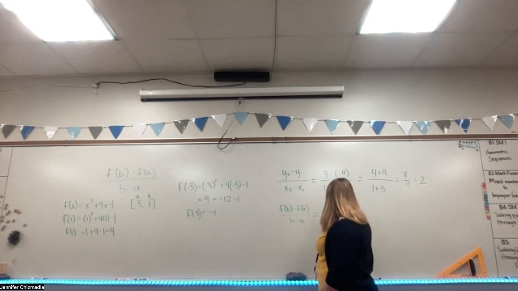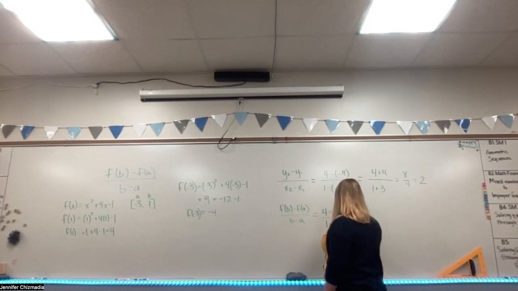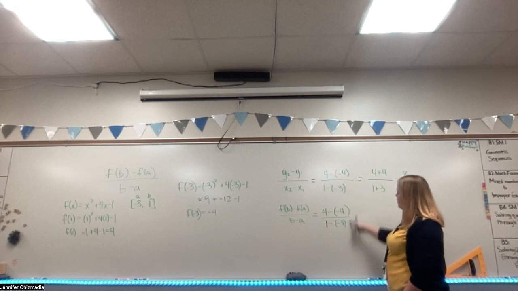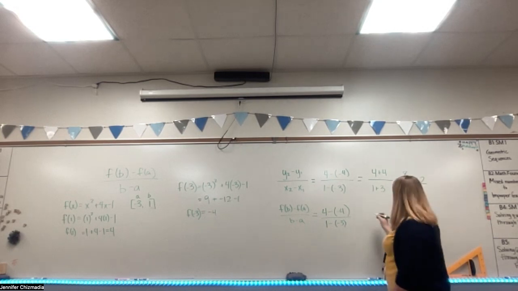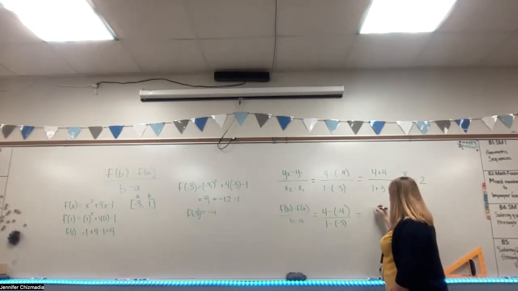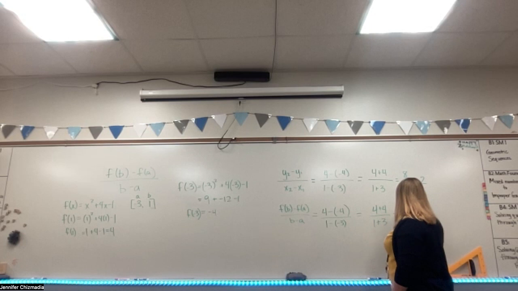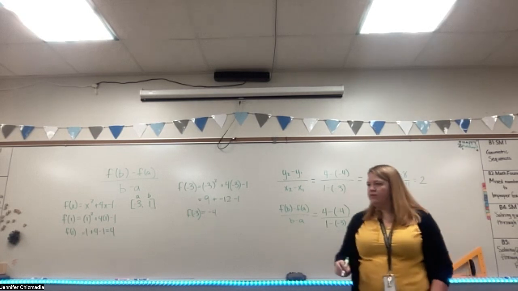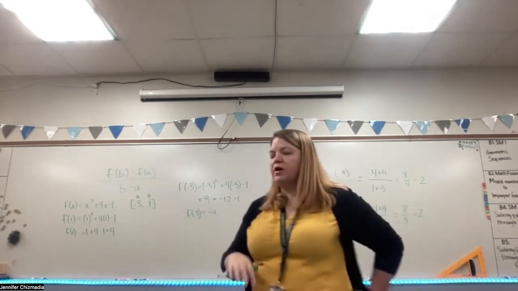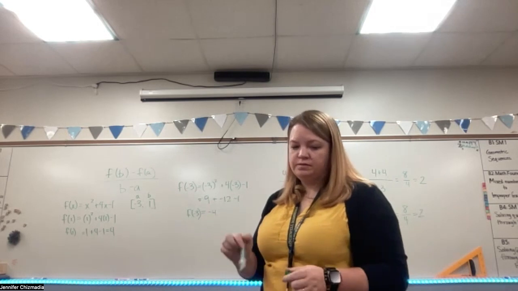B is 1, and our a is -3. Oh, it's like the exact same thing. Okay, so it's really identifying your numbers and plugging them into something that they've already given you.